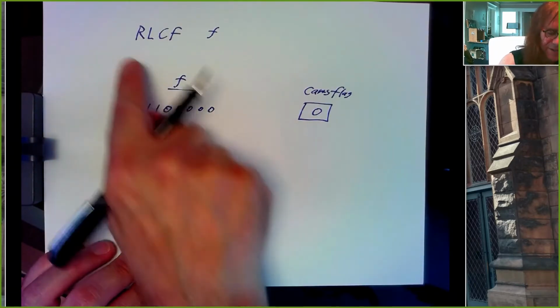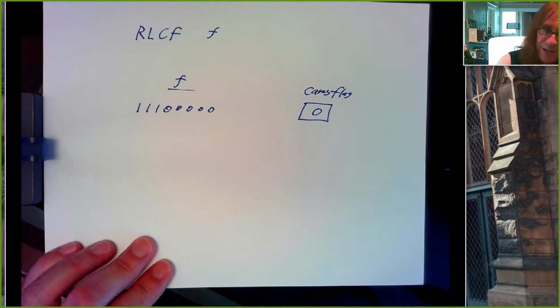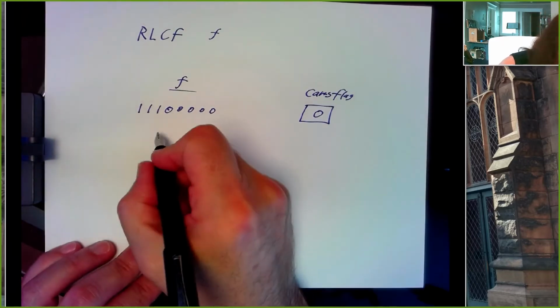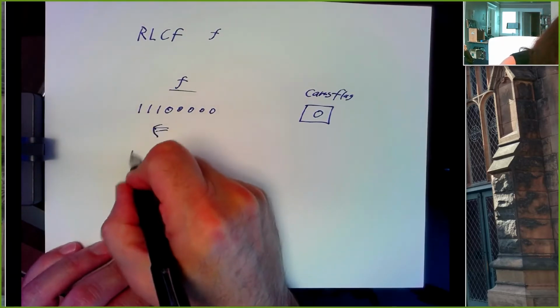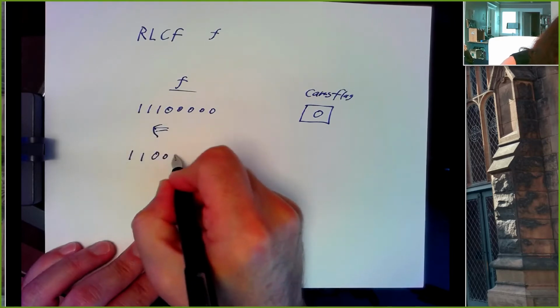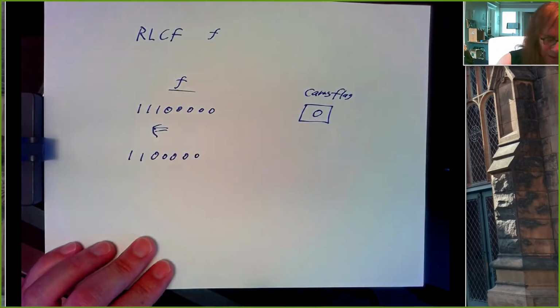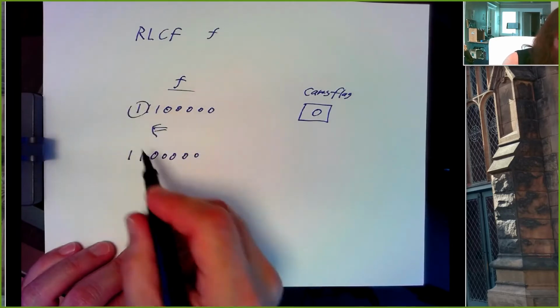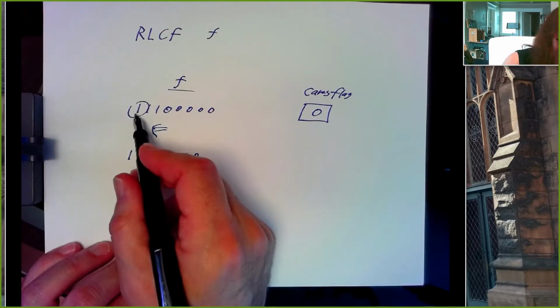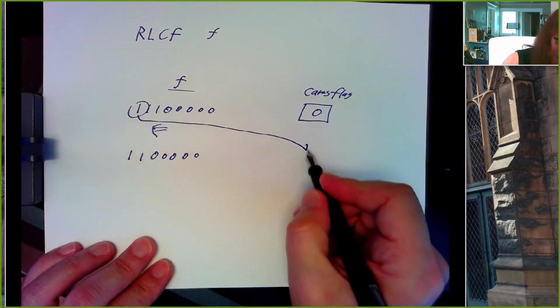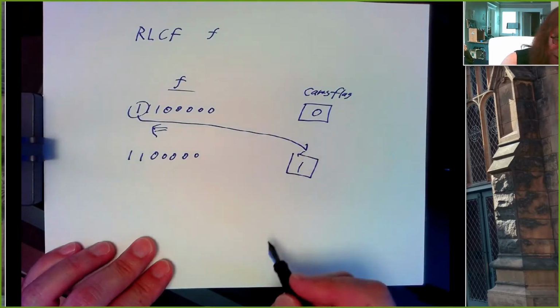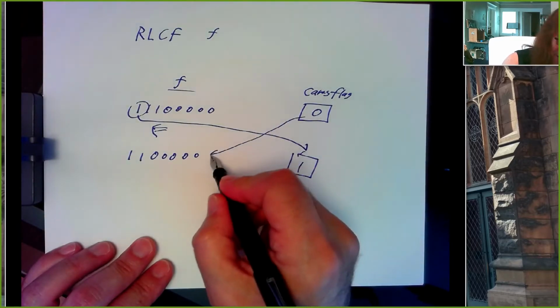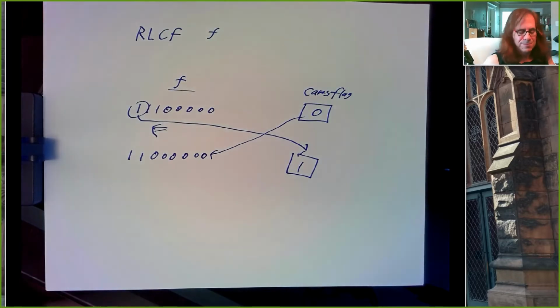Here's the carry flag. If I say rotate left through carry, same thing happens to F. Everything gets shoved down one spot to the left. But this bit that would fall off the end, instead of coming back here, this bit goes into the carry. And the value that was in the carry comes over here onto the left.